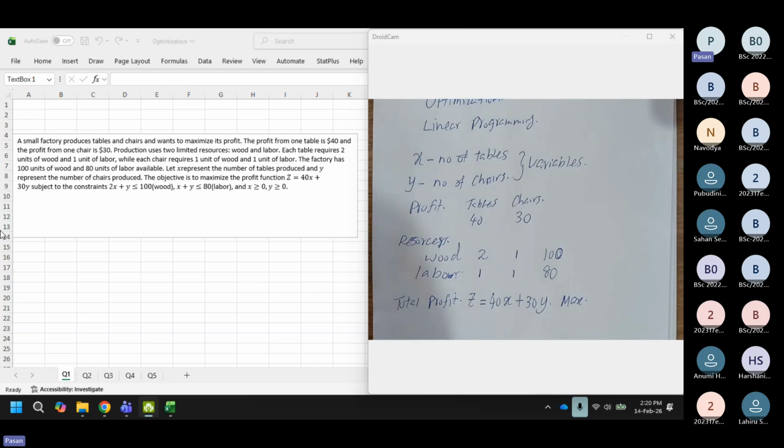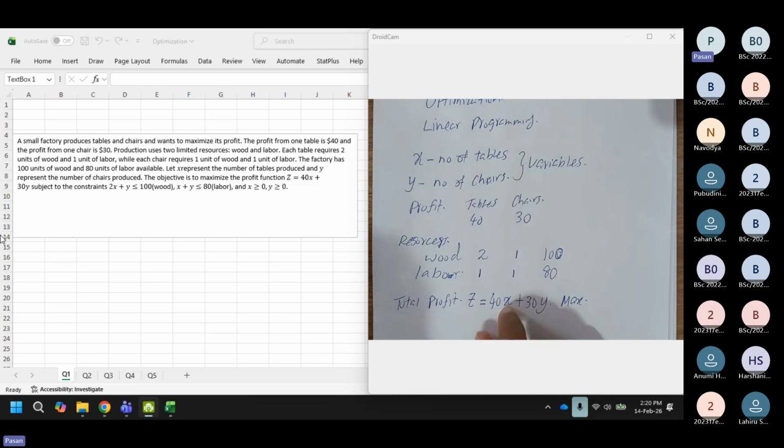So that's the idea: all these are linear options that we have, right? So that indicates we cannot keep on producing them. There is a restriction. If you think in terms of wood, what is the restriction that you can have?